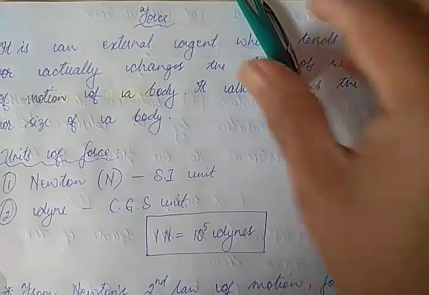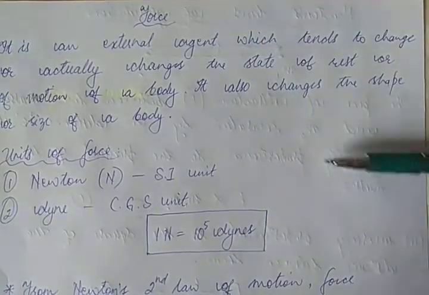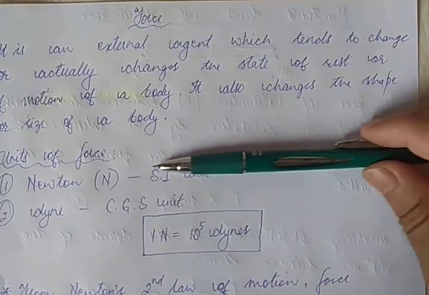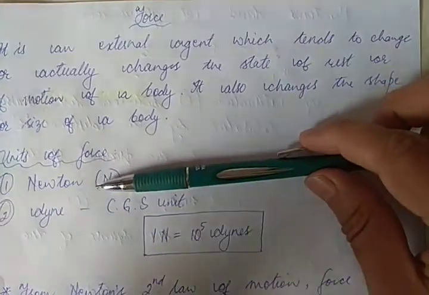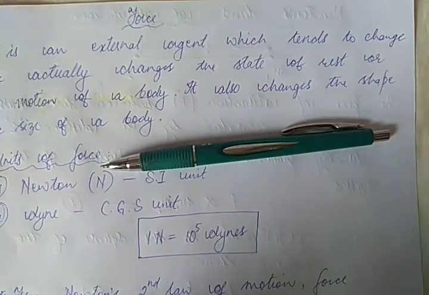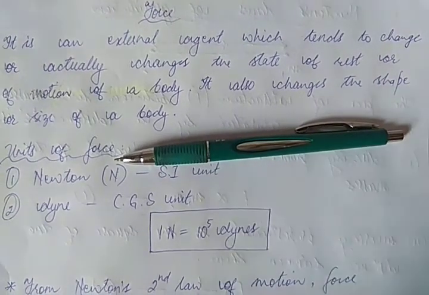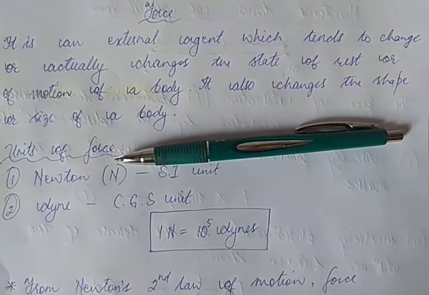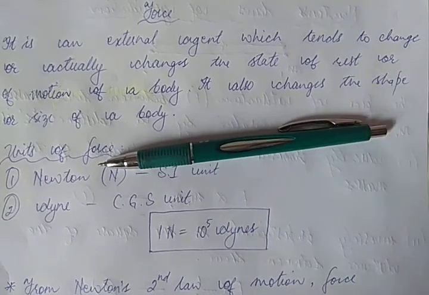Likewise, there could be a body in motion, like a car is moving. Now the driver applies brakes. After that the car comes to a stop. So initially the car was in motion, but because of the external agent being applied, that is the force being applied on the brakes, the car comes to a stop.